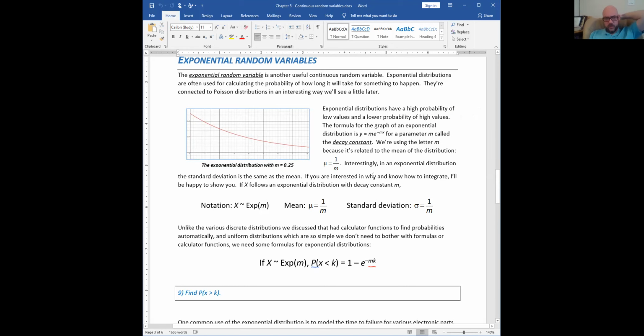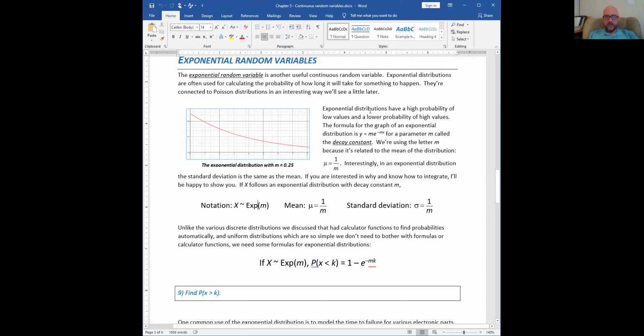It turns out that a fair number of things follow this distribution. It's probably most commonly used as the wait time between Poisson events, or the space between Poisson events, depending on what you're measuring. The notation for it looks like this: exp of m.